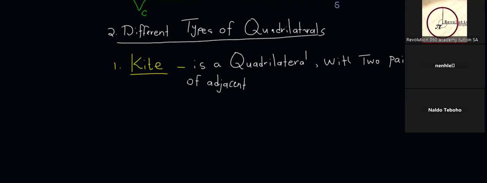So when they say what is a kite, we'll just tell them that a kite is a quadrilateral with 2 pairs of adjacent sides being equal.